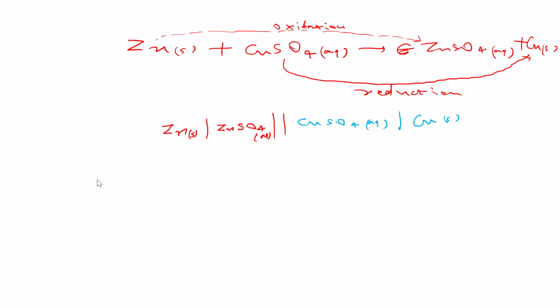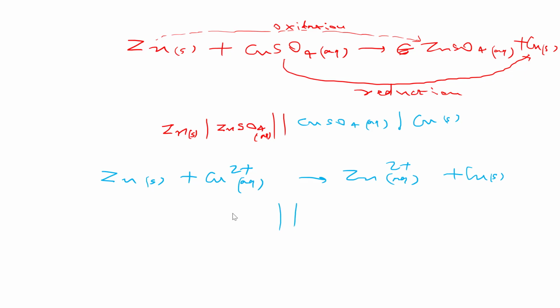So if you are given a reaction like zinc solid plus cupric ion, aqueous, gives Zn2+ aqueous plus copper solid, we can represent the species in ionic form as well, and that is also equally valid. So what we are doing here, we mention the electrolyte part in the anode, that is Zn2+ aqueous.